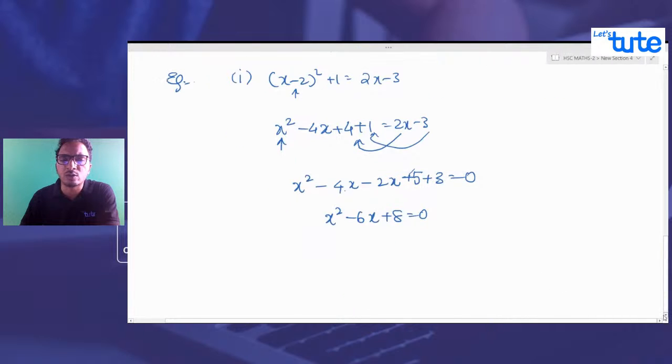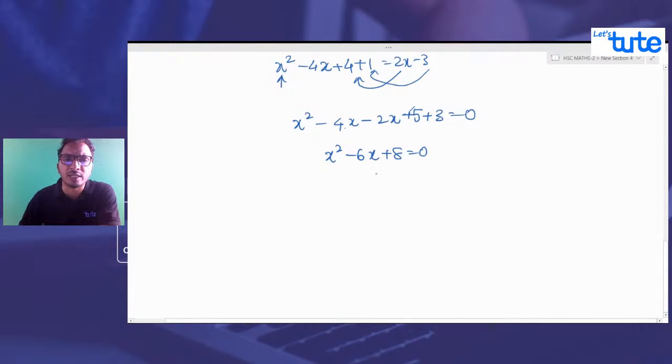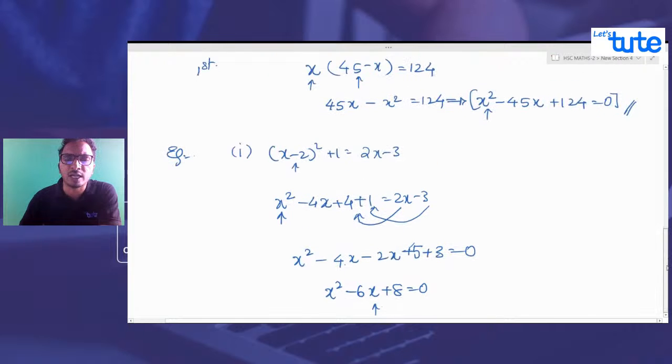So this is the quadratic equation we needed. Now the question is to check whether it is a quadratic equation. When we have simplified to this form, we already understood that it is a quadratic equation. This is the way we check whenever we get an equation and we are asked to find if it is quadratic or not.